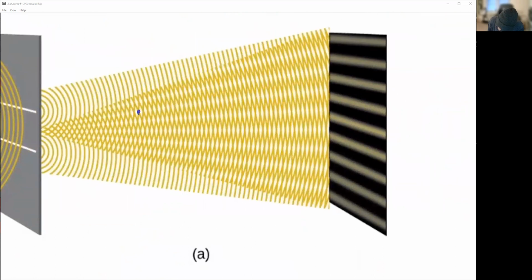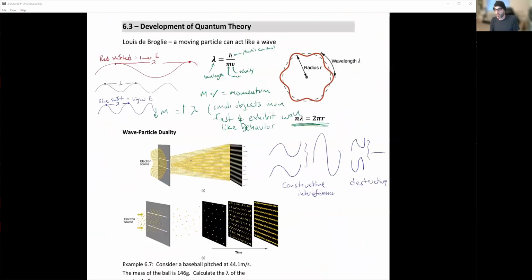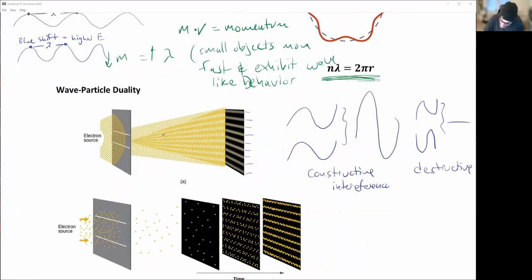This right here is constructive interference, and then you're going to have nodes in between. Ultimately, anywhere that they constructively interfere, you're going to have a line on our detector, and anywhere that they're destructive, you're not going to see a thing. So that is in fact what they saw. They see lines. So that's what we expect from a wave.